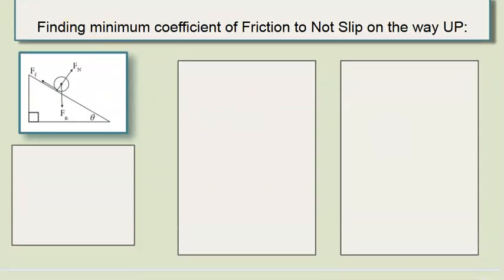Okay, the point of this slide is that I had to really, really work through and think about the fact that on the way up, the force of friction is also acting up the ramp. So I'm going to draw this bigger.